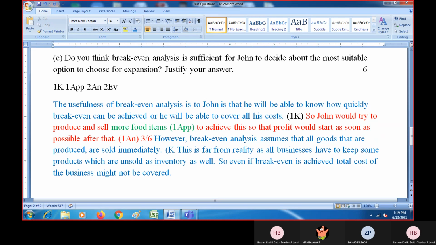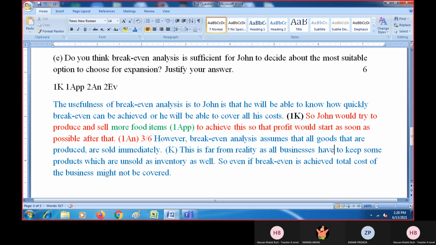But you know that there is only one mark for the knowledge, and that means you cannot get another mark for the knowledge. But still, it is always recommended that you first show the knowledge and then explain the point. So this is far from reality, and all businesses have to keep.